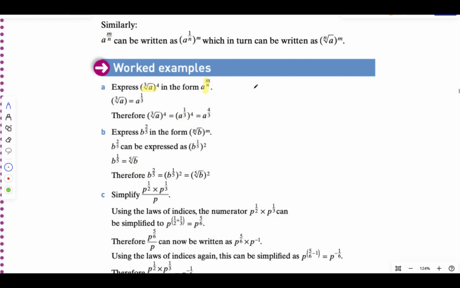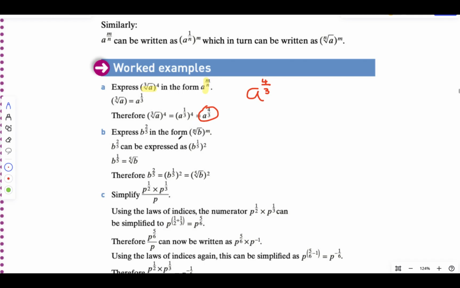We're going to say a raised to power, the cube will be the denominator, so here will be 3, and the power will be the numerator. So it will be written like this, a raised to power 4 over 3. So if they say put it in this format, it has to be a raised to power 4 over 3.